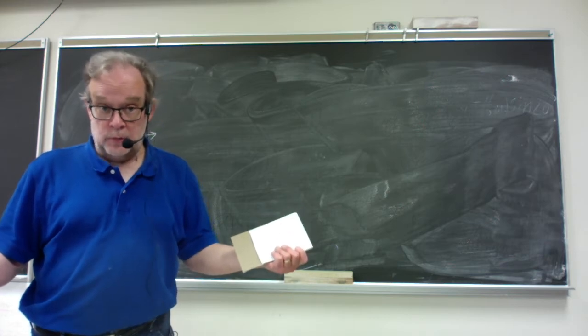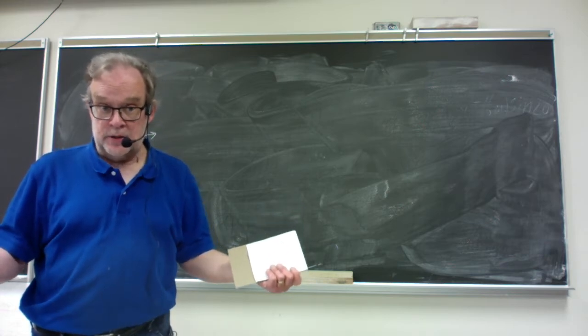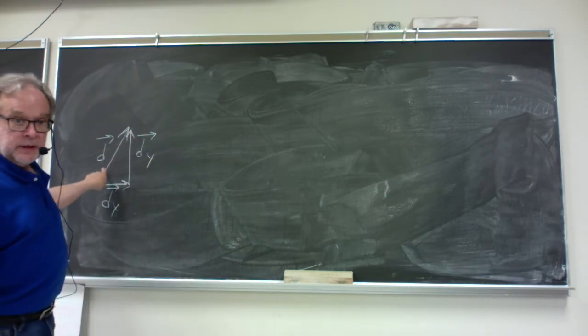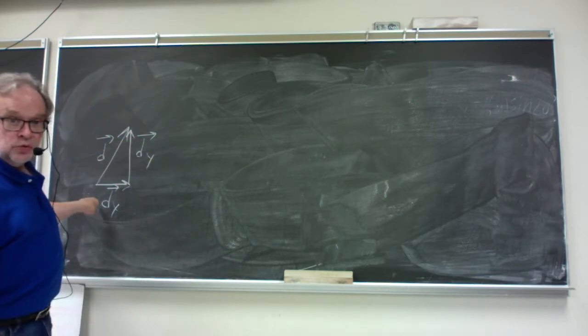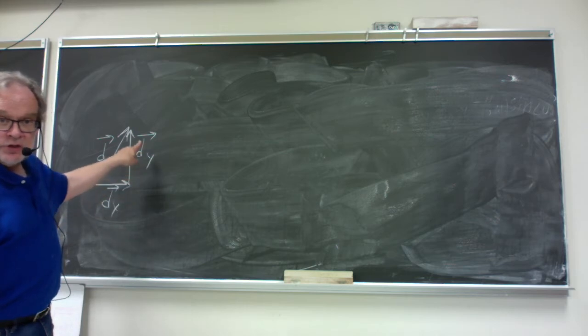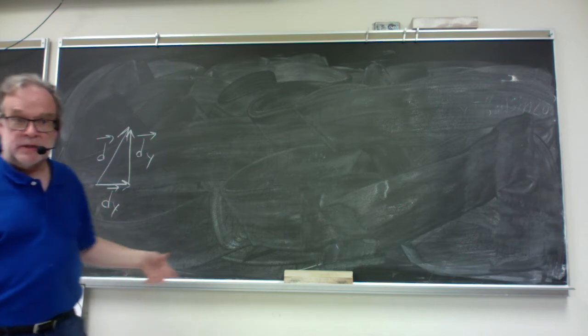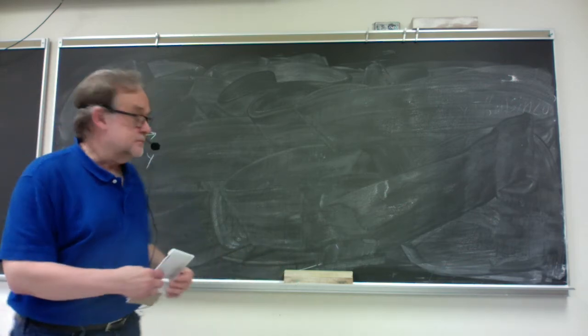And one thing we know about right triangles is the Pythagorean theorem. The square of the length of the hypotenuse equals the sum of the squares of the other two sides. The length of the hypotenuse here corresponds to the magnitude of d.